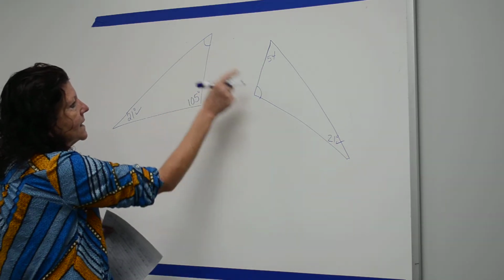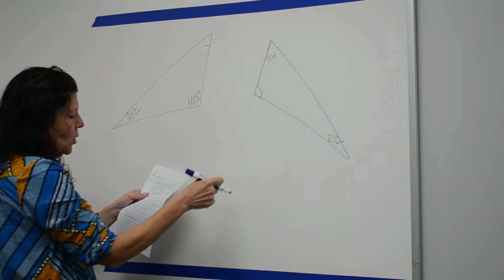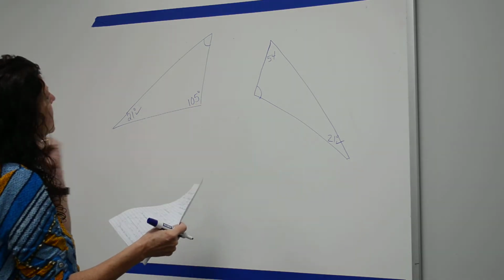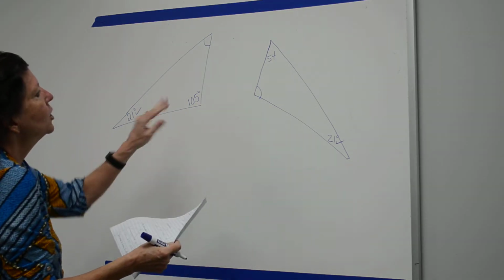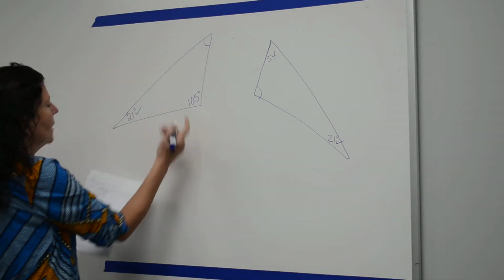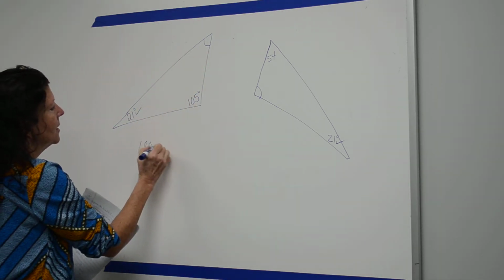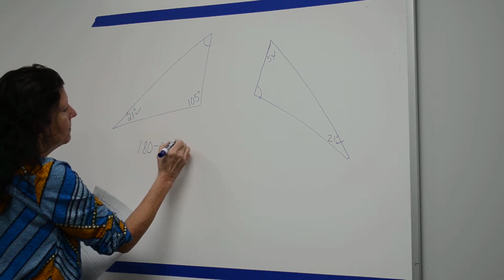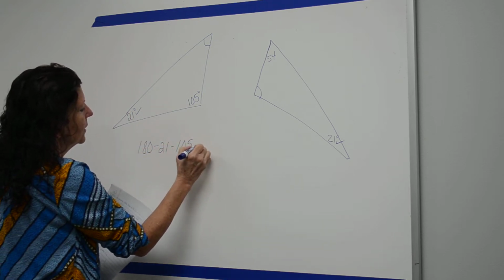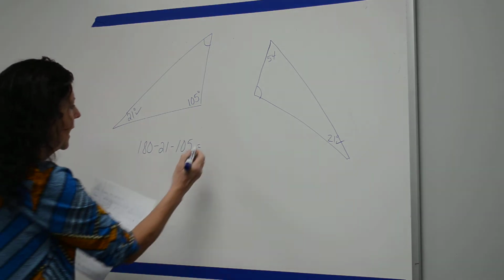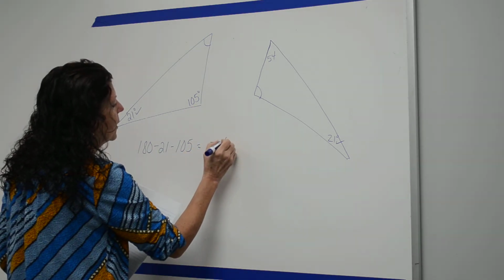It's telling me that this angle and this angle would have to be congruent here. And I'm looking and I'm going, okay, well, I've got 105, I can figure out that angle. I've got 180 minus 21 minus 105. Okay, so when I do that, I get a 54 right here.